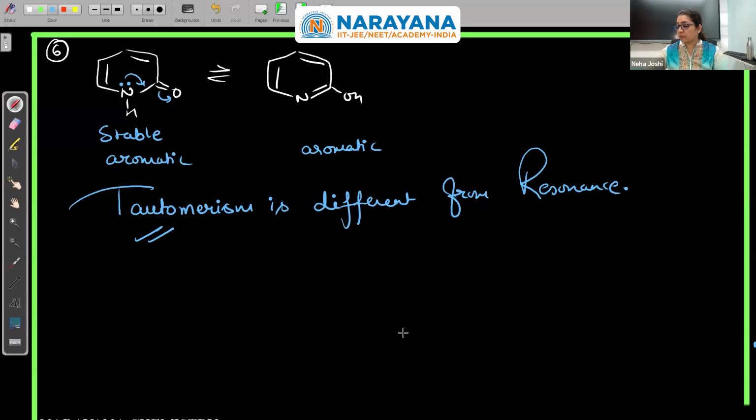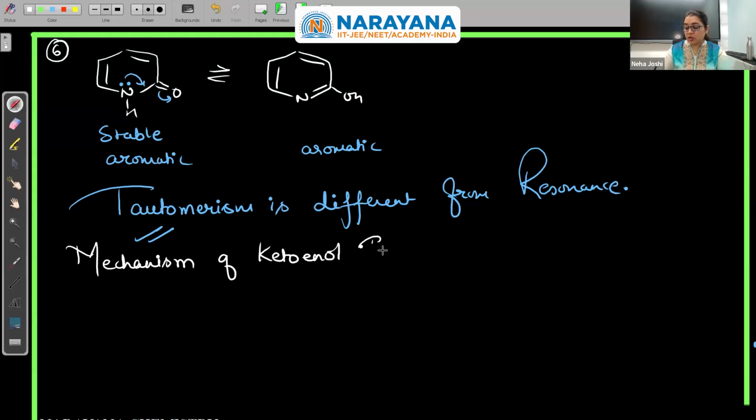Moving further. Now let us go to the mechanism of tautomerism. What will be the mechanism? Now I am limiting myself to keto-enol, so the heading maybe I am changing. Keto-enol tautomerism. Yes, it is catalyzed by both acid and base.